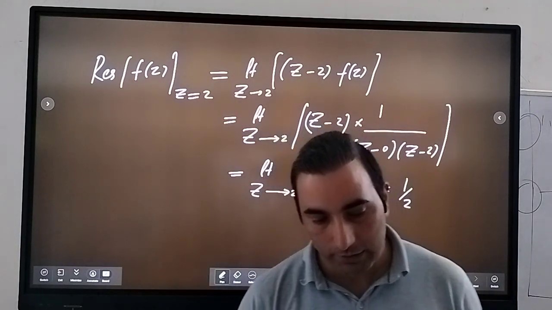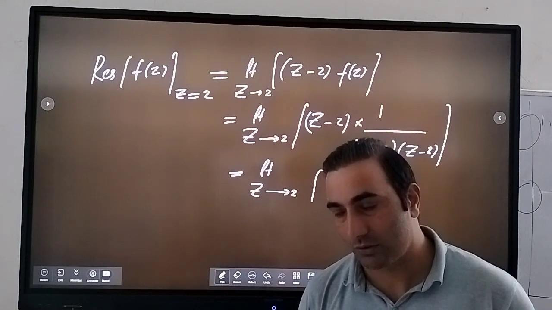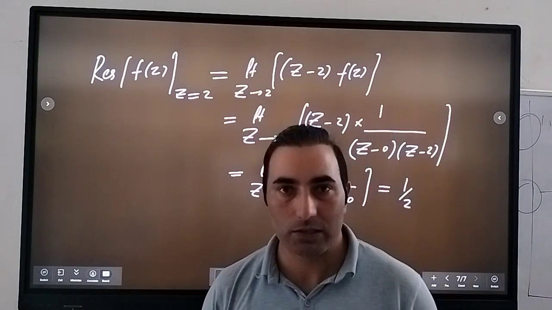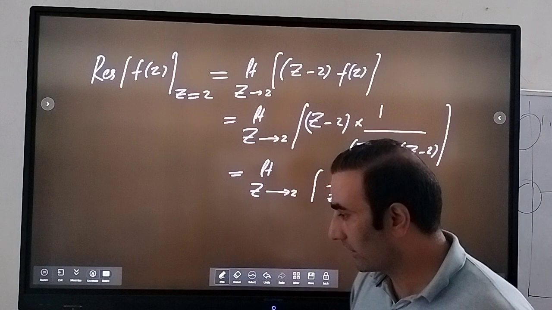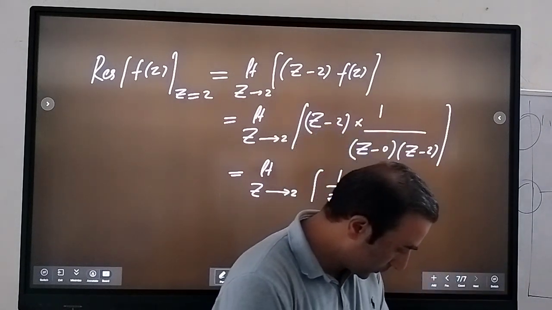So we calculated the residue at both the poles, which are simple, at z equal to 0 and z equal to 2. So this is how we can compute the residue.